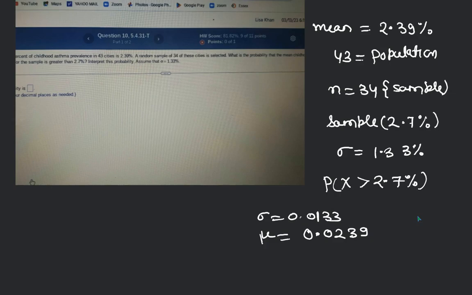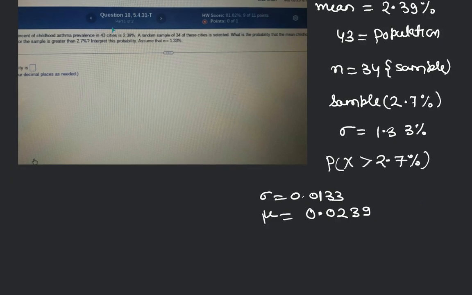Let's understand this question. This is basically a normal distribution, right? Do you know what a normal distribution is?